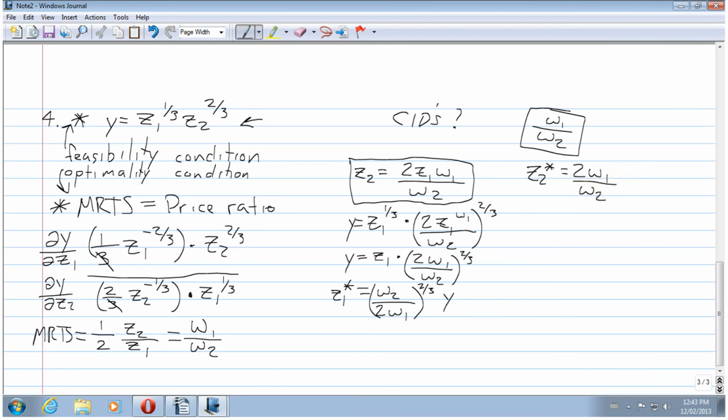It's all going to be 2 times z1 star, which is w2 over 2w1 to the power 2 over 3 times y. You may notice something similar here. This whole expression is just this expression to the negative 1. So I'm going to rewrite this.